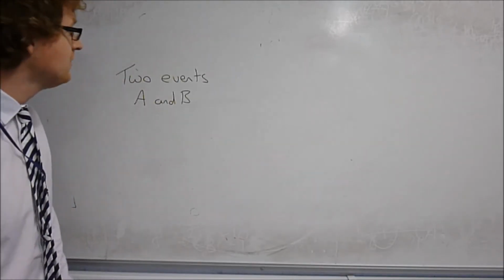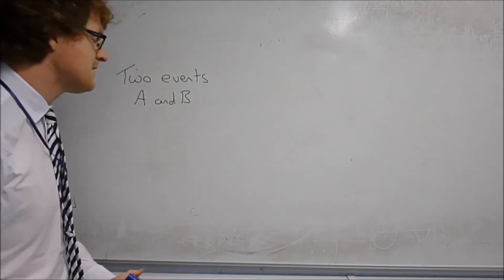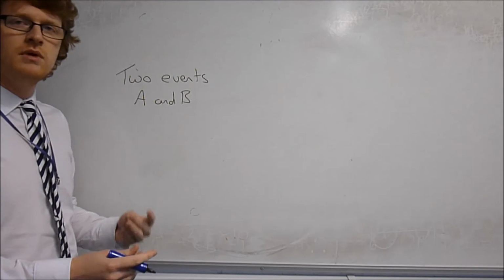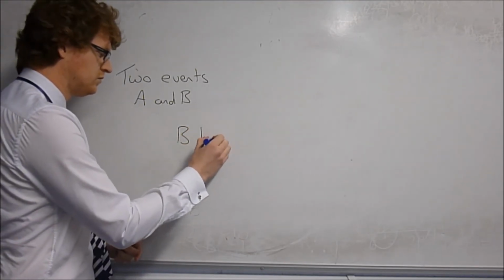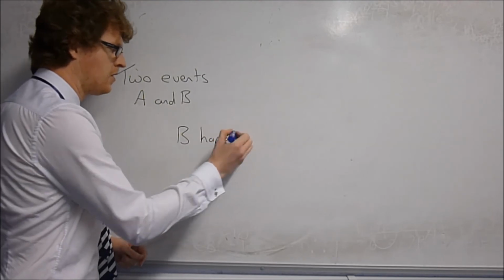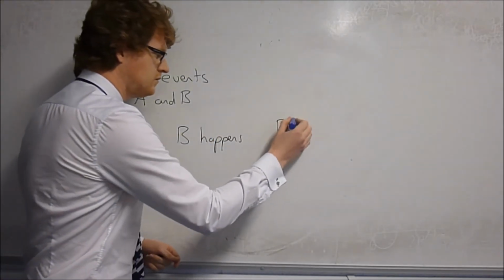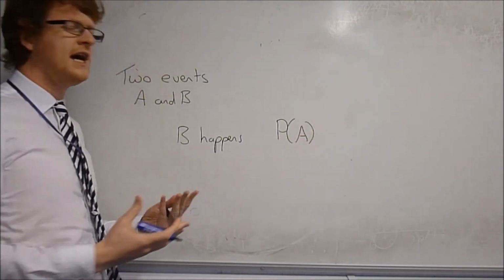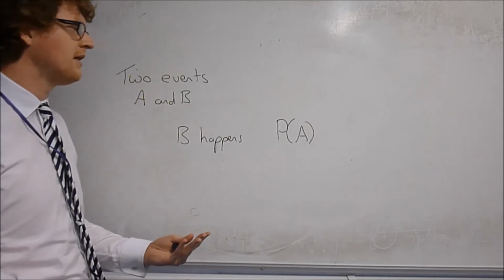Right, okay then. So, say I've got two events, A and B. Say out of these two events, B happens. What's going to happen to the probability of A? Is B having happened first going to alter what's happened to A? Well, we've talked about this.